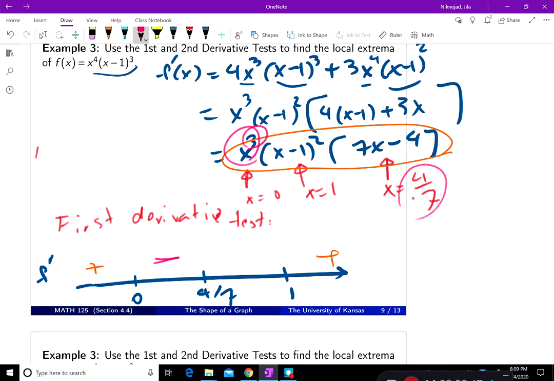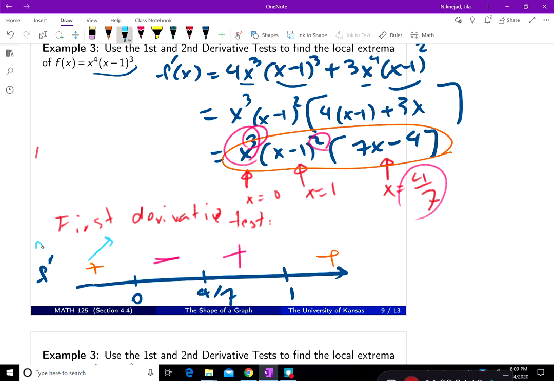Degree 1 is odd, so the sign has to change. Now x minus 1 is of order 2, and for even orders the sign does not change.